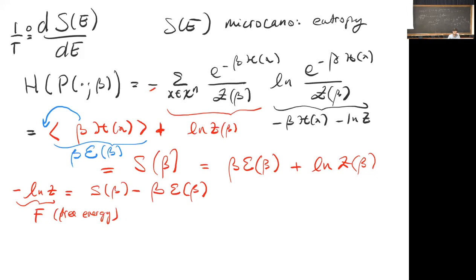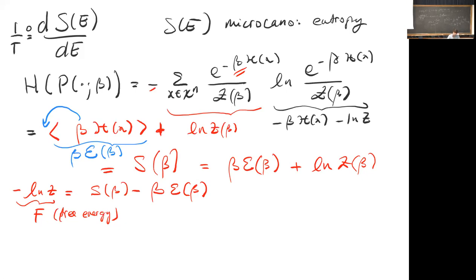Now, all these things are functions of this inverse temperature beta, because this was the parameter that enters the Boltzmann distribution. But you see that you can equivalently see these functions differently.